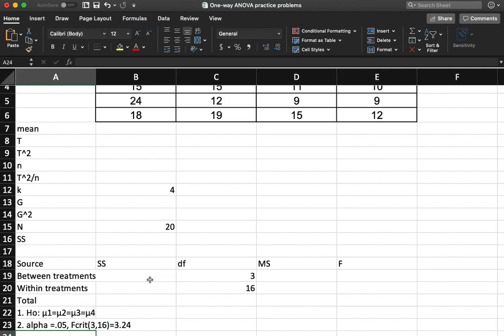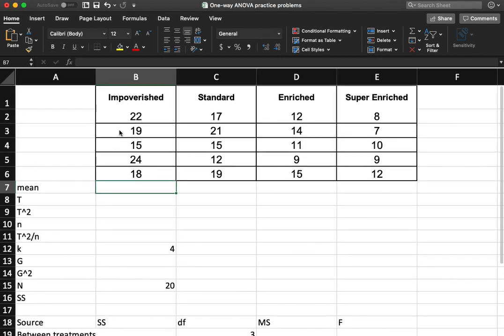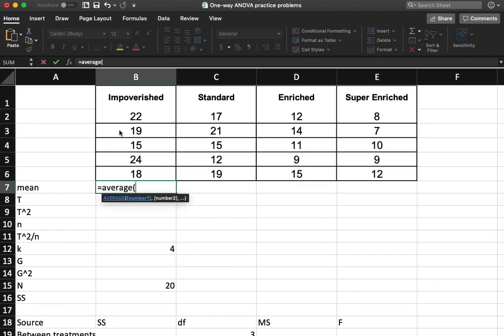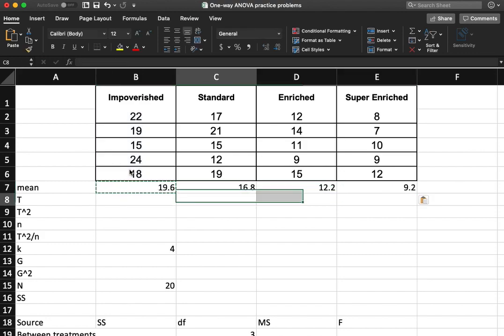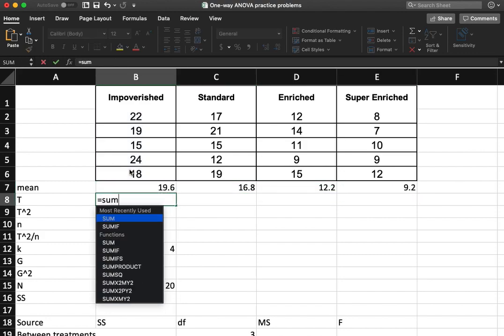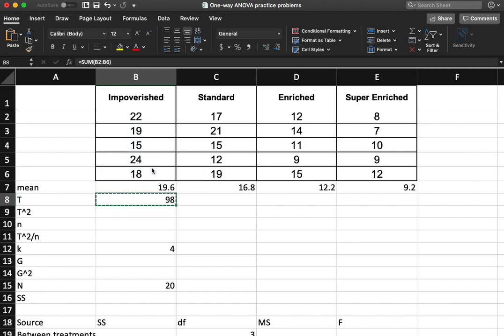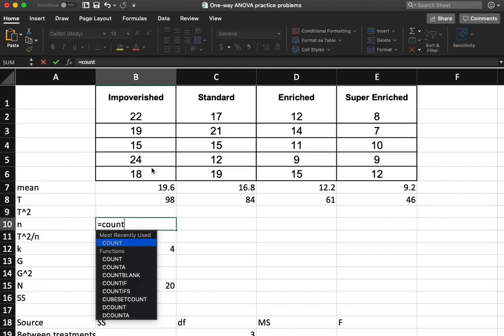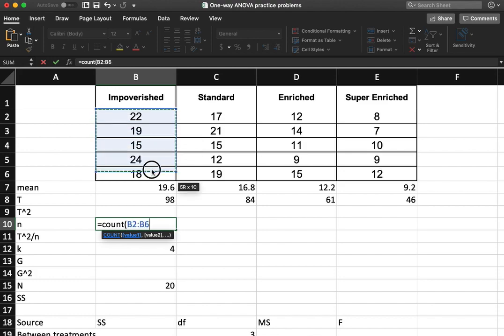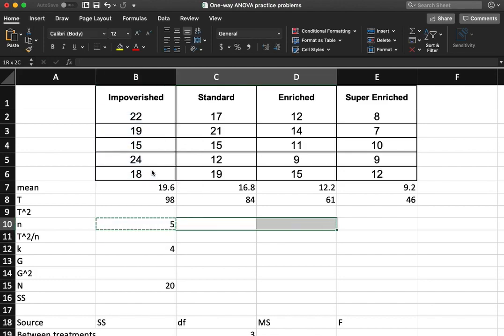Okay, so what's next? Let's do sum of squares between treatments like we've been doing. Let's go ahead and compute our averages because we're going to need those, the means for each group, averaging only the scores and no other numbers. The T is just the sum of the scores in one treatment condition. We can copy and paste that over here because we have the same number of scores in each condition, 5 in every condition.